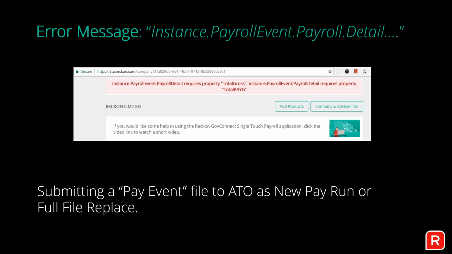The next error message may say "instance payroll event payroll detail". What happens is when you're in Reckon GovConnect, you may have submitted the report type as a new pay run or full file replacement rather than as an update pay event.